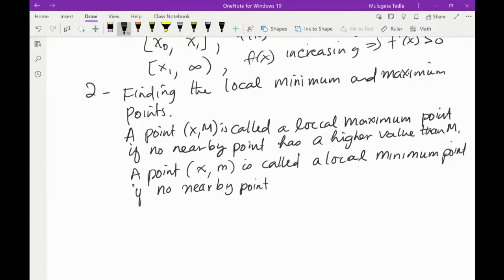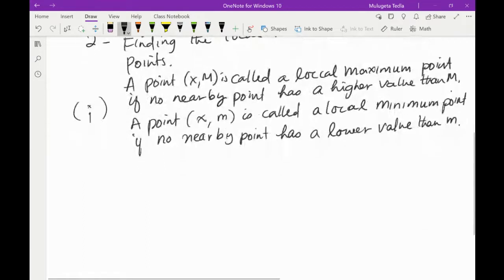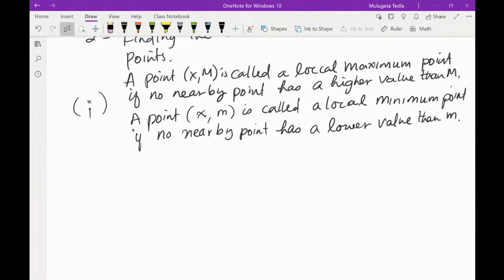The nearby is not clear, but it is at least in the neighborhood of where x is. Okay, I hope that explains what local minima and local maxima are, right?